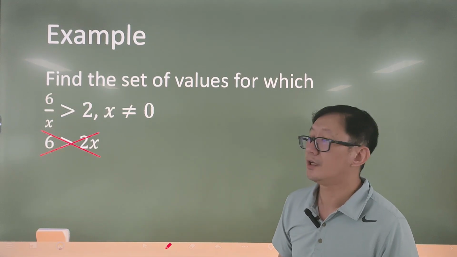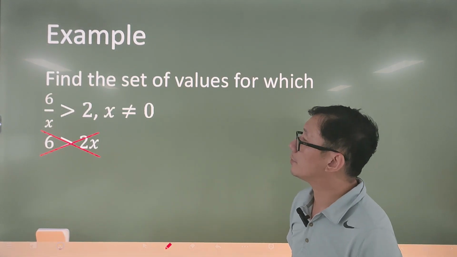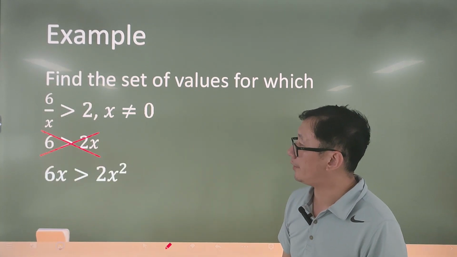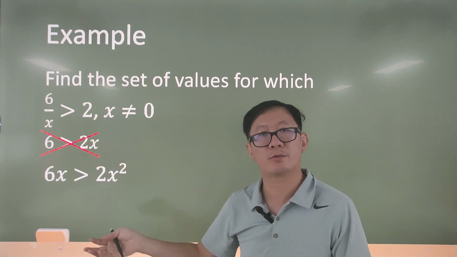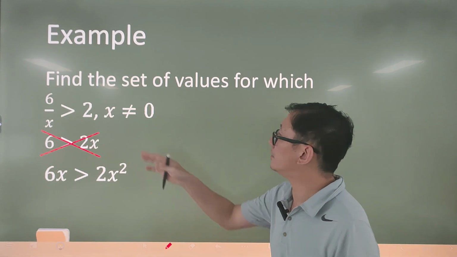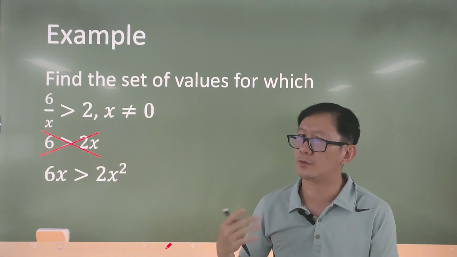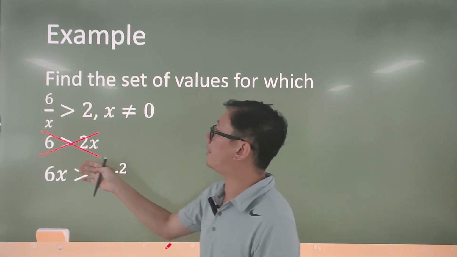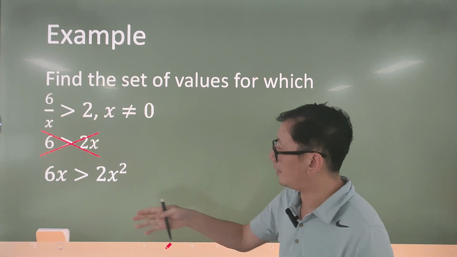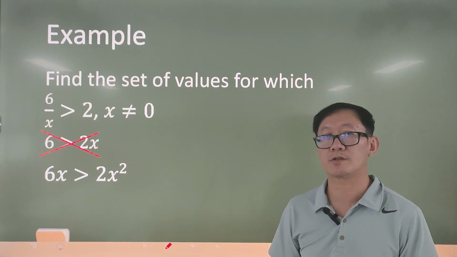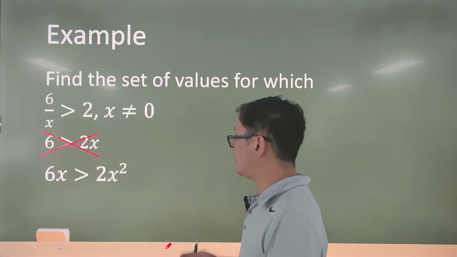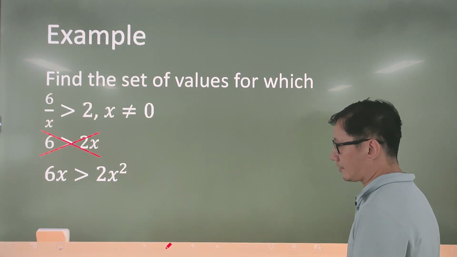We can't do this. Instead, we should multiply both sides of the equation by x squared, because x squared is always positive, given that x can't be 0. So if you multiply both sides of the equation by a positive number, that's fine. You don't need to switch the sign. All right, so we get 6x is greater than 2x squared.